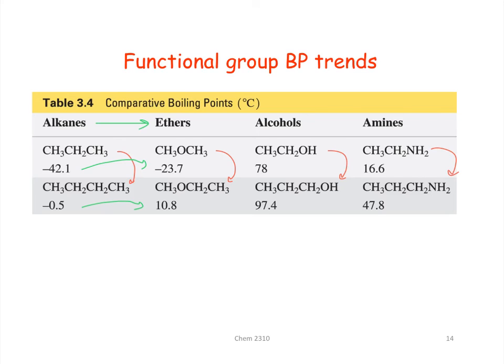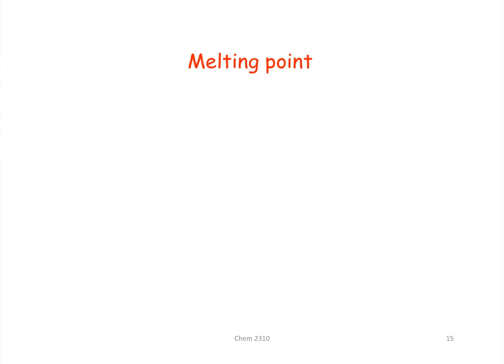All right, now let's compare alcohols and amines. So look, in both cases, the alcohol has the higher boiling point, right? It can only have one hydrogen bond, where these primary amines can have two, but that hydrogen bond is much stronger because the OH is more polar. So we go from ethers to amines and then back to alcohols.